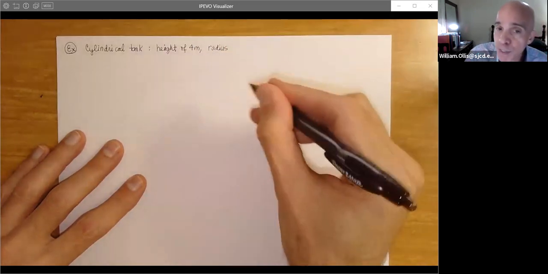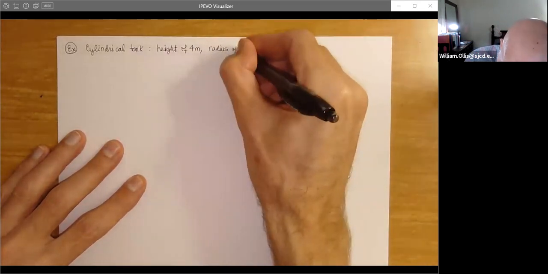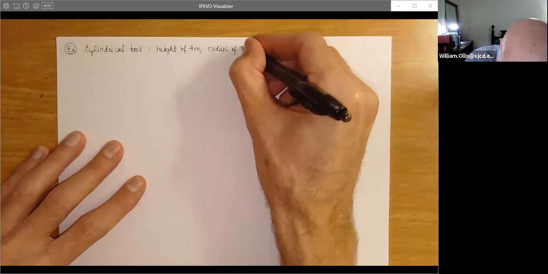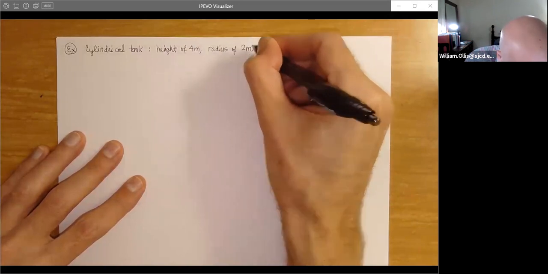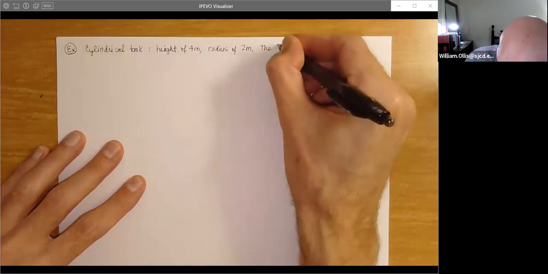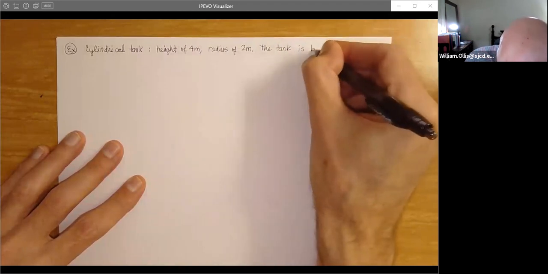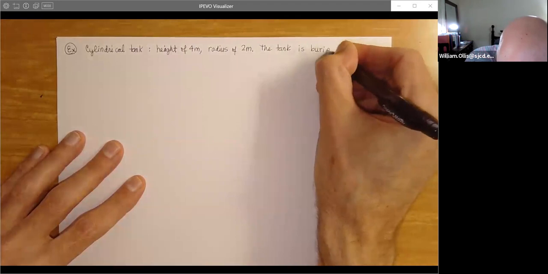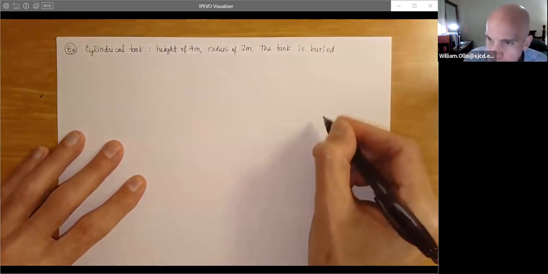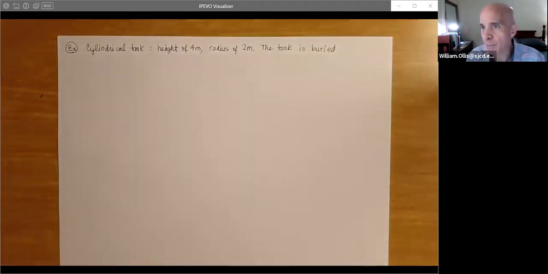So the dimensions of the cylinder: a radius of 2 meters. And the tank is buried. Some tanks are buried. We're going to have a problem where the tank is resting horizontally, but this one will be placed vertically.